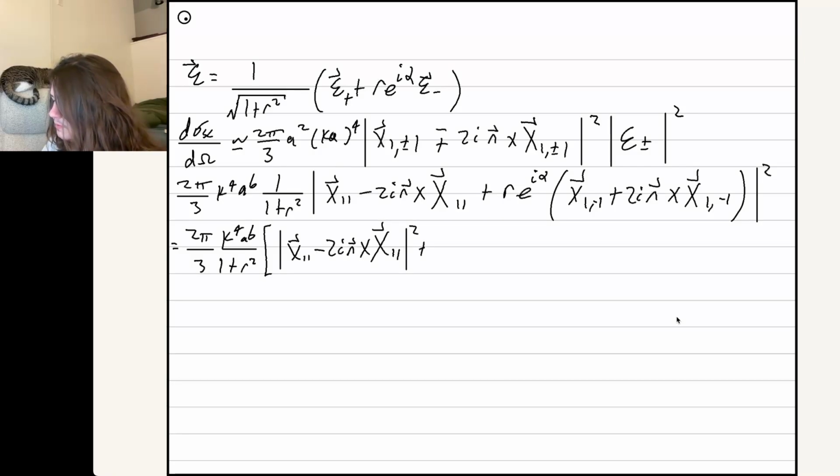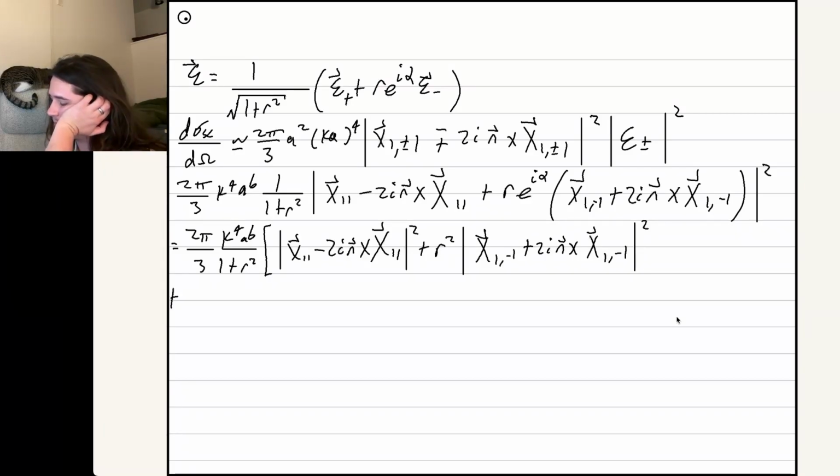We'll have a term where we're just squaring the right-hand side of that square modulus, so r squared, and then the square modulus of X1,-1 plus 2i n cross X1,-1 squared. My handwriting's terrible.